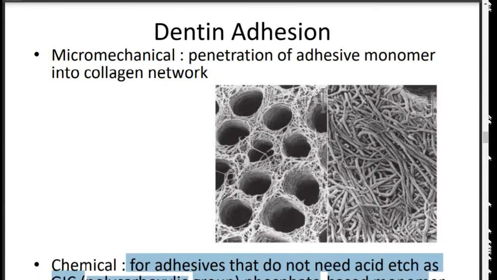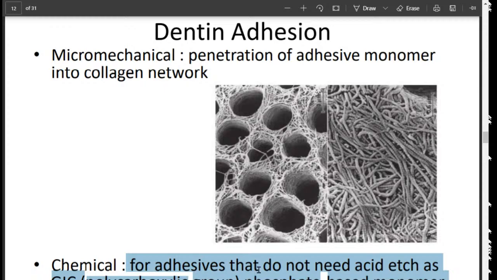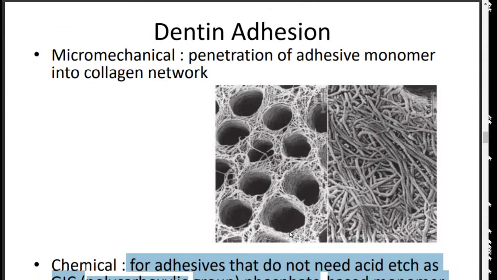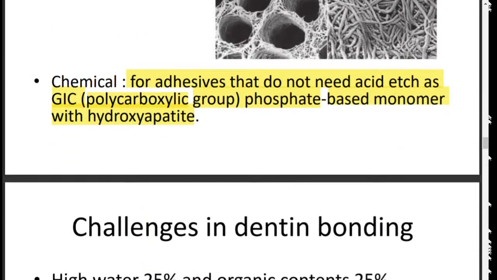The chemical is for adhesives that do not need acid etch, mainly GIC, polycarboxylate group, phosphate-based monomer with hydroxyapatite. This is the chemical type of adhesion.